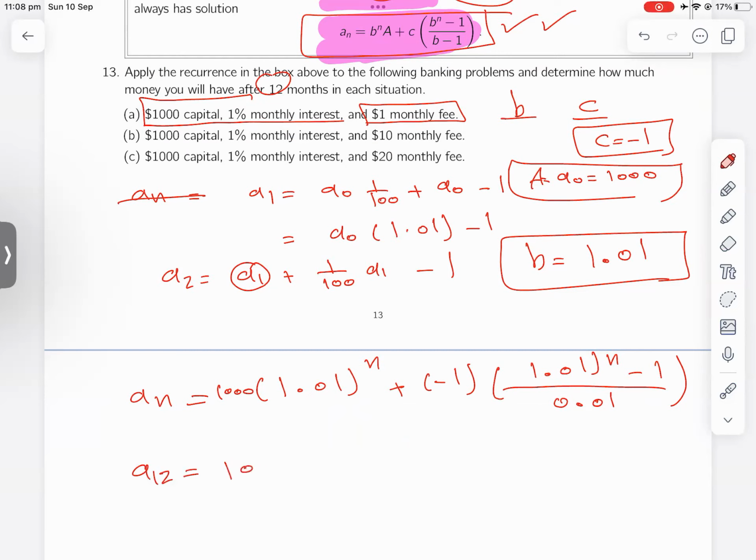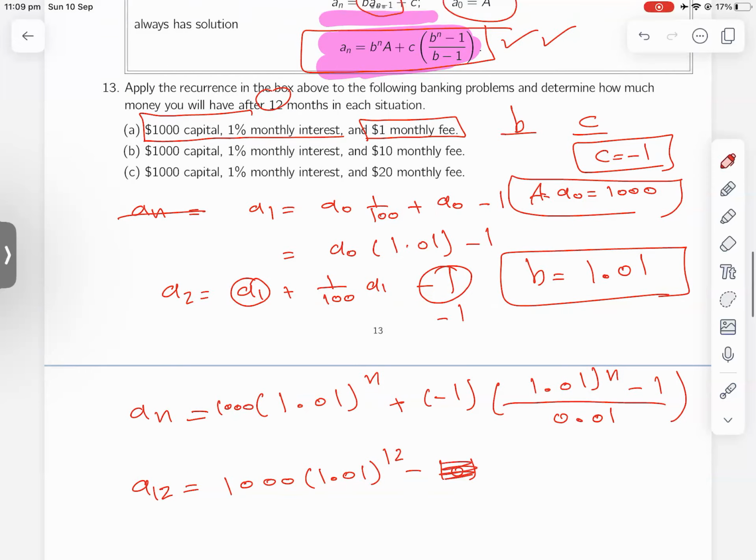So we can do this for 12. If I have -1 here, I will have another -1 again. Sorry, this is -10 for this one.